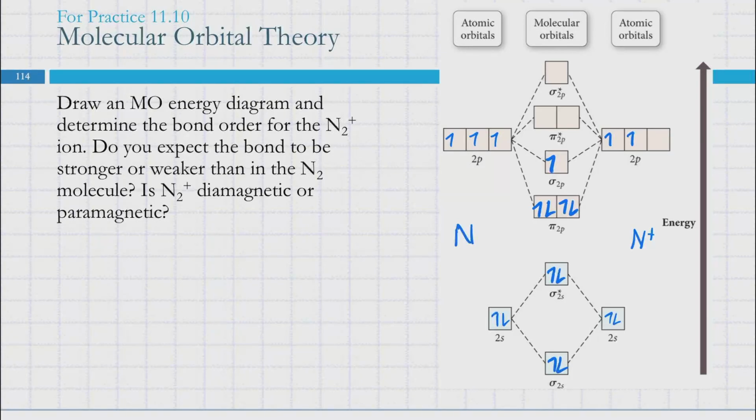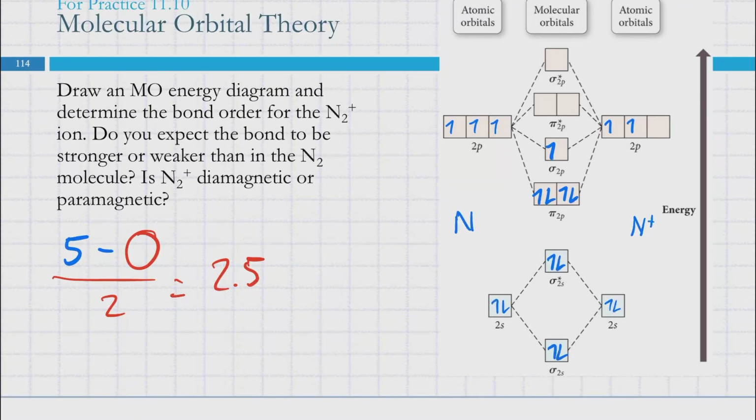So you can either do 5 in our bonding from our p orbitals minus 0 in our antibonding orbitals divided by 2 for a bond order of 2.5. Or you could have done 7 minus 2 over 2, which gets you the same result of 2.5.